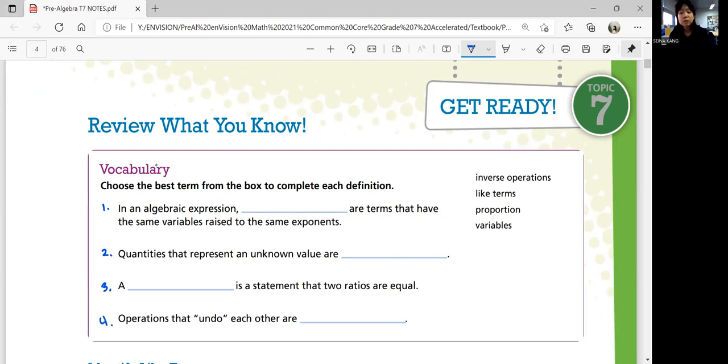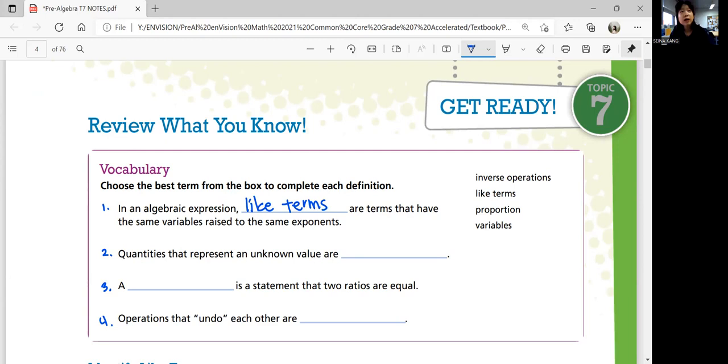An algebraic expression will link our terms that have the same variables raised to the same exponents. Is it an inverse operation? Is it like terms? Is it proportion? Is it variables? It is like terms.